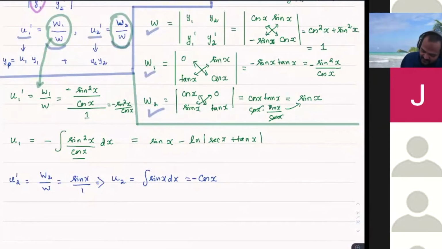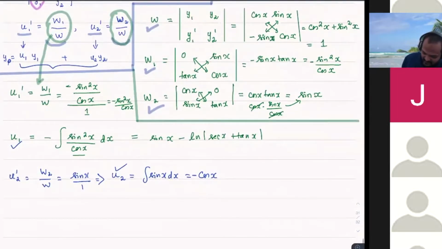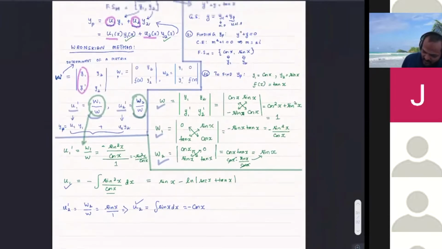All right. So that's all we have, right? We have our u1 and we have our u2. Let's plug it back into my yp.